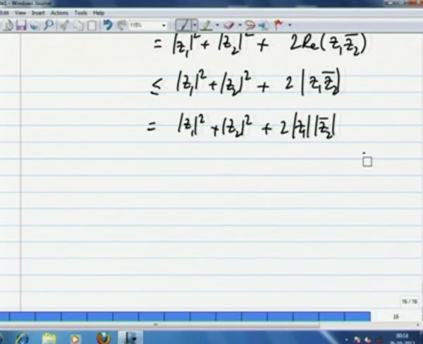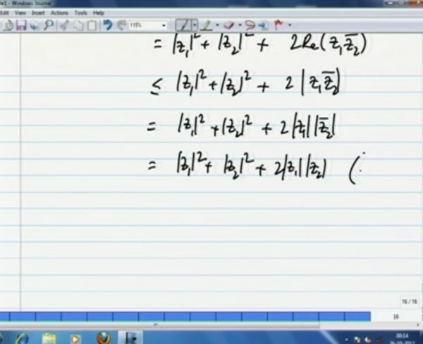And this in turn is equal to the modulus of z 1 squared plus the modulus of z 2 squared plus 2 times the modulus of z 1 times the modulus of z 2. Well, the modulus of a complex number is equal to the modulus of its conjugate. Please verify this fact. So, this directly follows from the definition of modulus and conjugate.